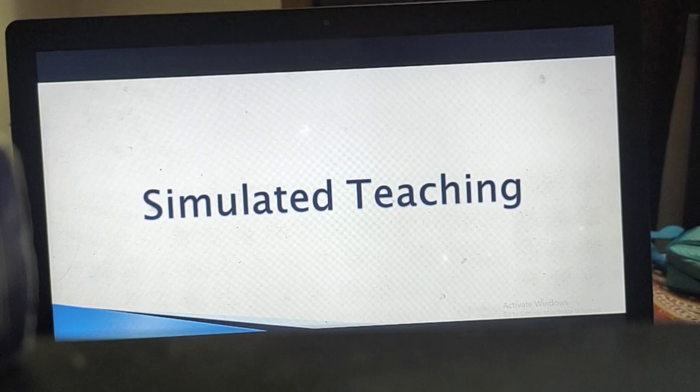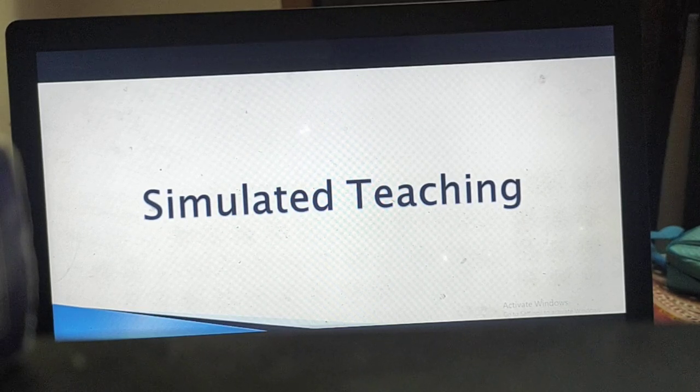I have already discussed that there are several steps of micro-teaching. The first thing: the teacher has to prepare a plan. Number 2, they have to prepare a demonstration. Number 3, he prepares a short lesson plan.